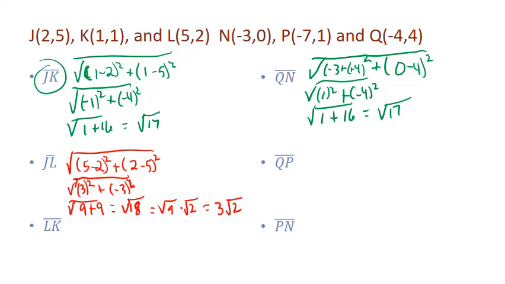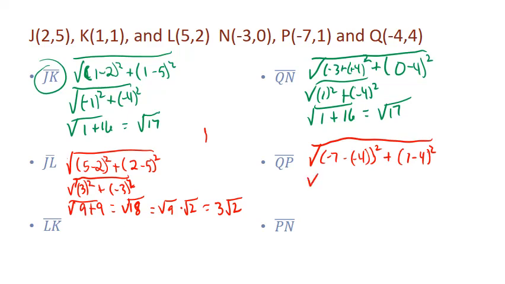Now let's look at segment QP. So now my P's are my 2 coordinates, Q's are my 1. So I've got the square root of -7 minus -4, perhaps I should say, squared, plus 1 minus 4 squared, square root of that.